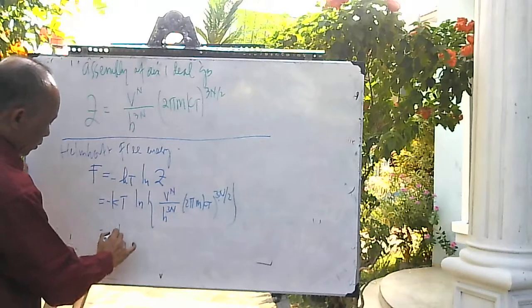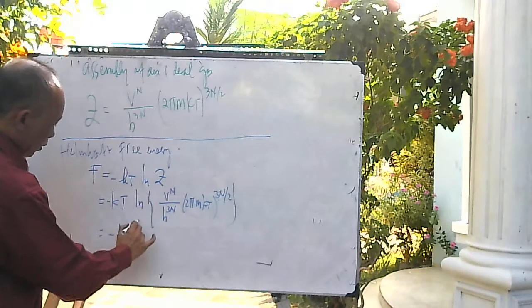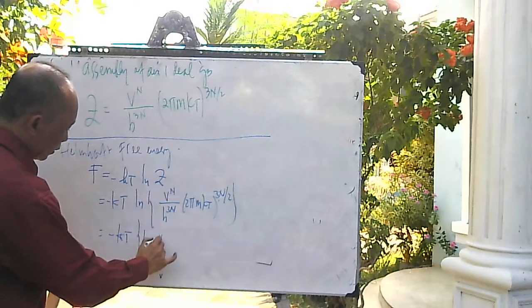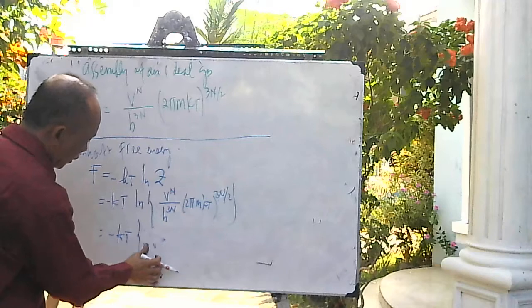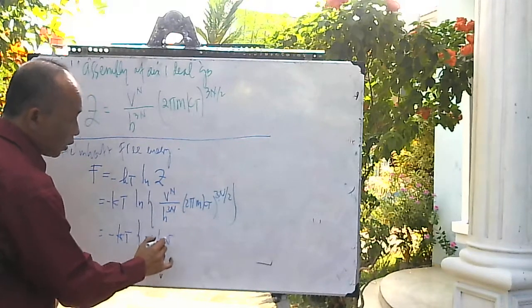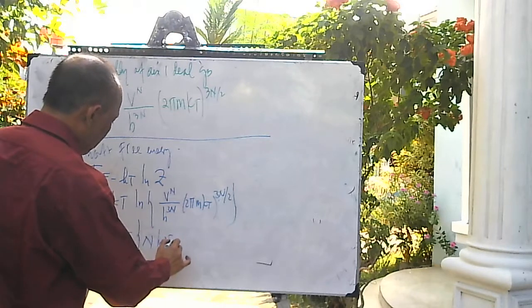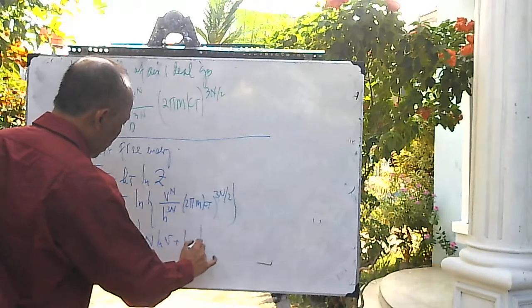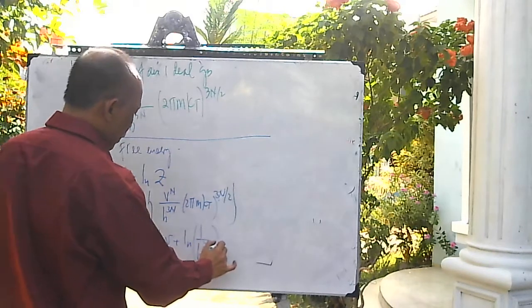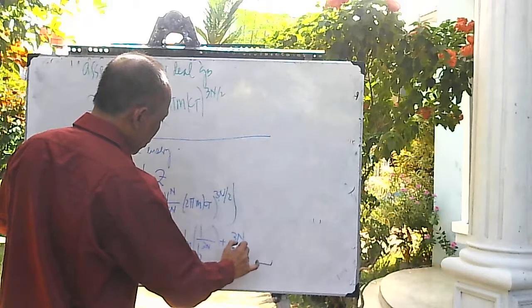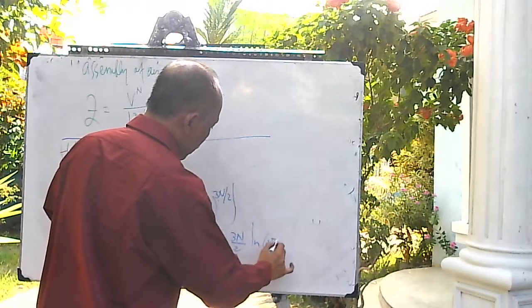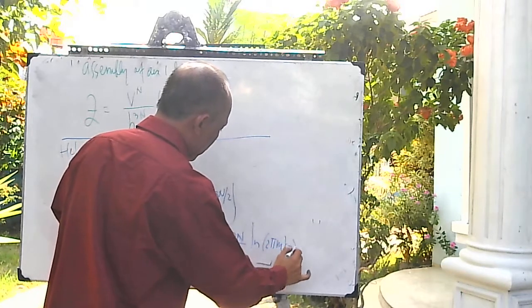and then minus kT. We separate this: ln V^N becomes N ln V, and then plus ln 1 over h^(3N), and then plus 3N/2 ln(2 pi m kT).